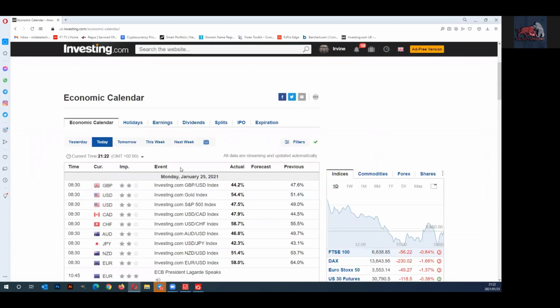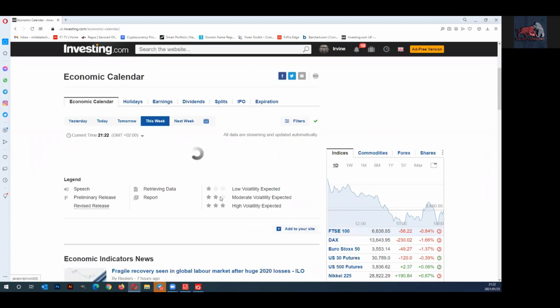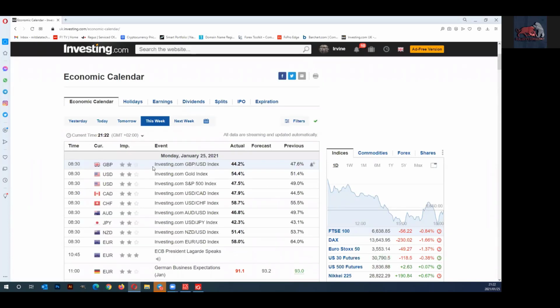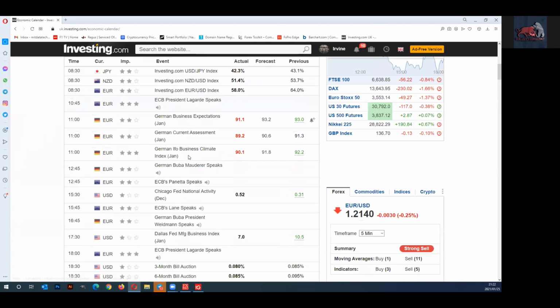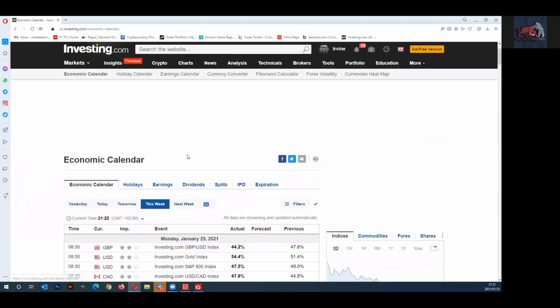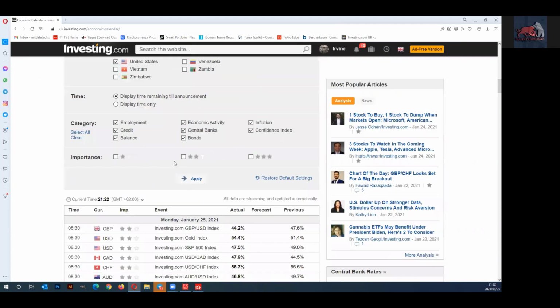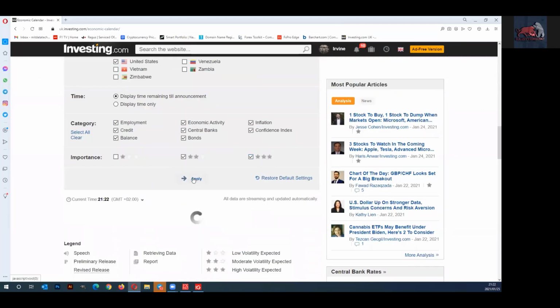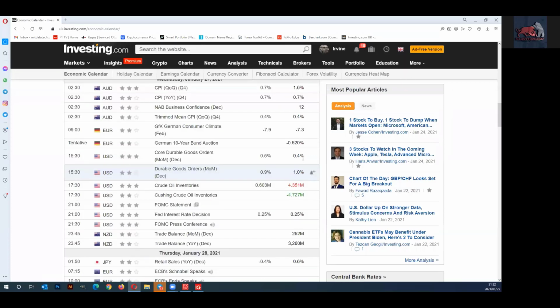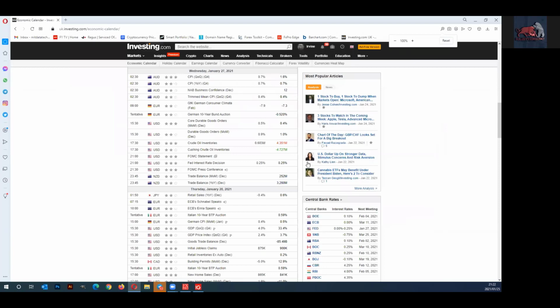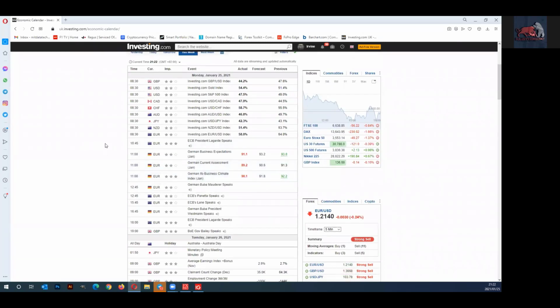Yes, it might look like it's a whole bunch of things, but when you go to the calendar, remember you can customize to see only the important news events. For instance, me, I only took note of the 2 stars and above. That minimized my calendar to only the most important news events.